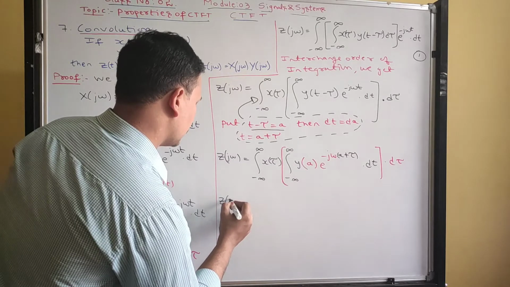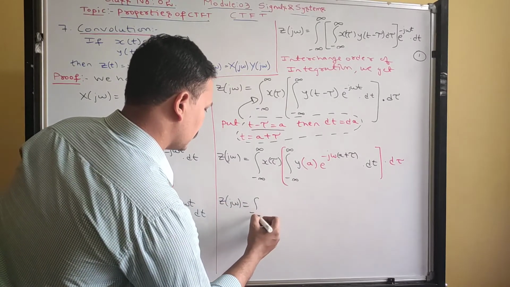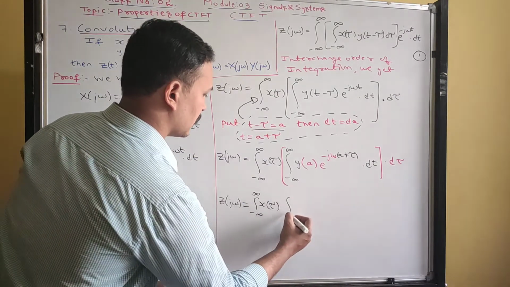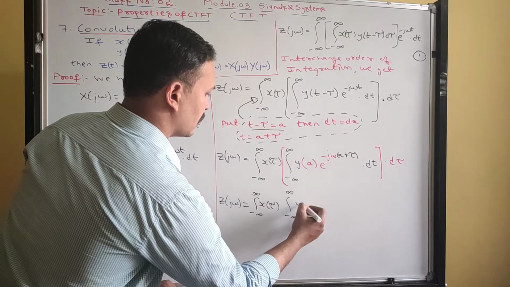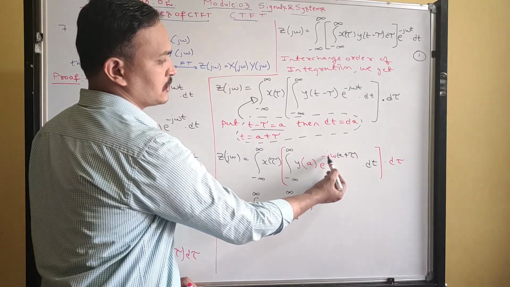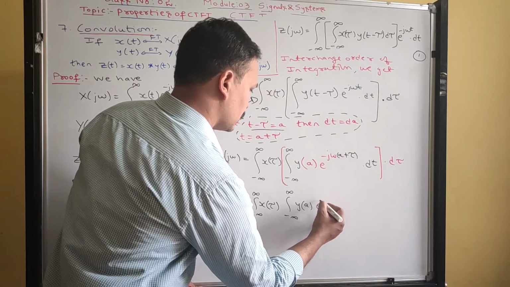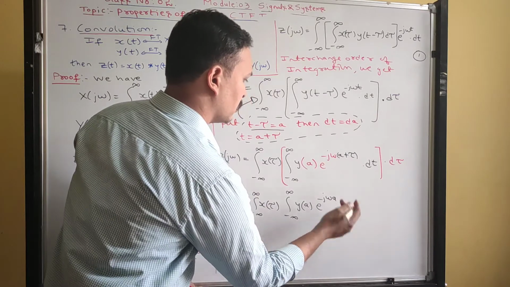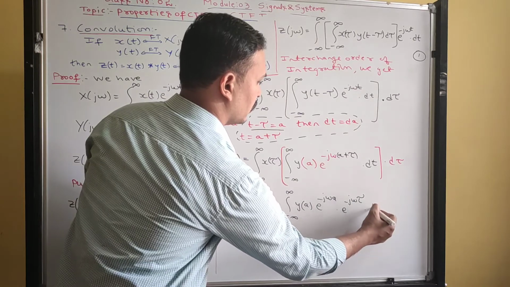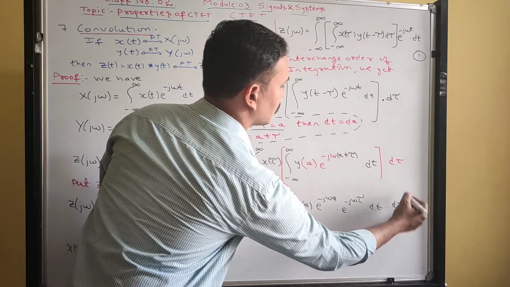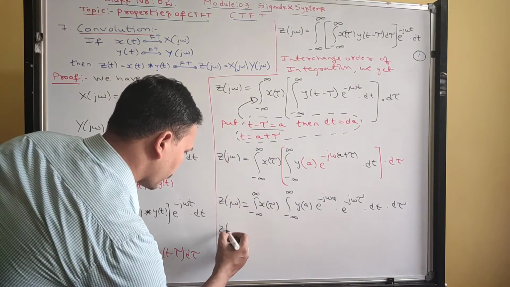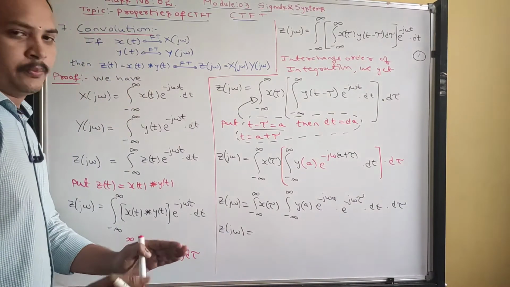Now z of j omega is equal to integral from minus infinity to infinity x of tau, integral from minus infinity to infinity y of a, multiplied by e power minus j omega a into e power minus j omega tau, into dA into d tau. Now the final step: group x and y.